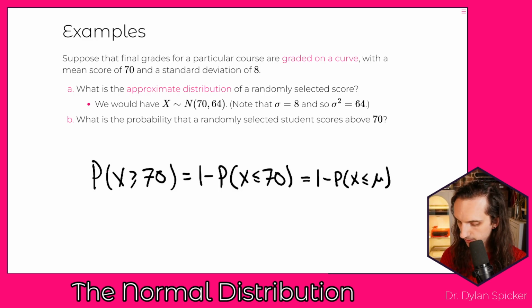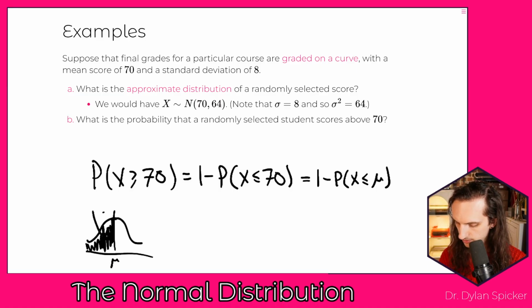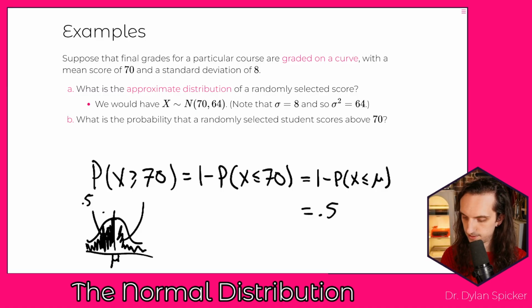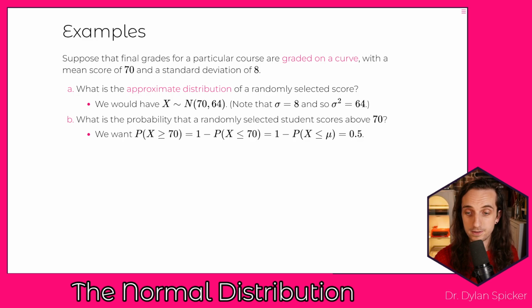Our mean is always the center, and so the probability that you're less than this is always going to be equal to 0.5. Of course, we also saw that through symmetry, this 0.5 has to be the same as this 0.5 up here. We could have used that to work out the probability directly, but using this, we can say that has to be 0.5. So the probability that a student scores above 70 is 0.5.